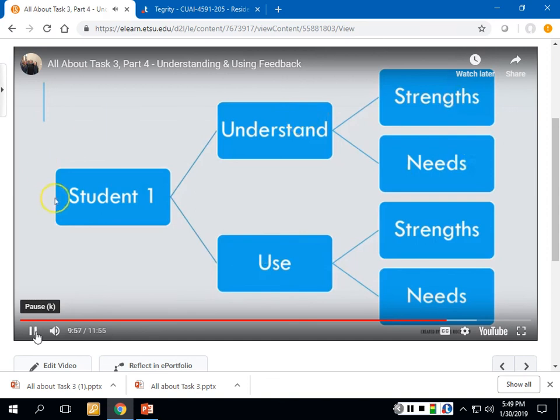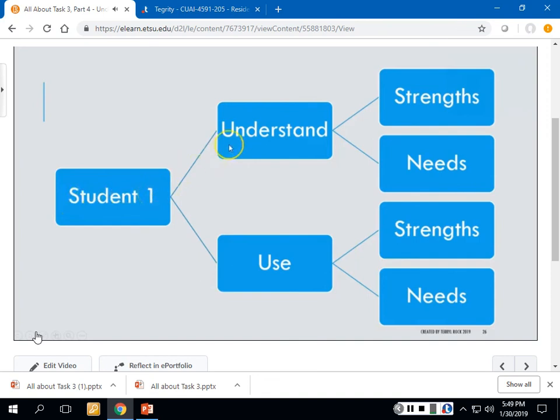I'm suggesting you take each student, student 1, and talk about how you're going to help them understand their strengths, how you are going to help them understand their needs. So in one paragraph, you would write about student 1, how they understand their strengths, how they understand their needs.